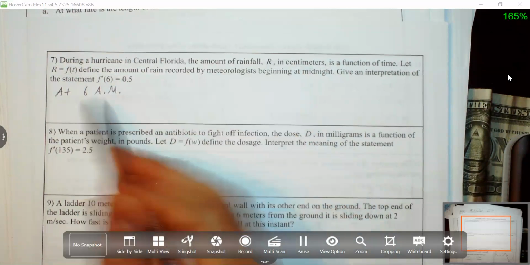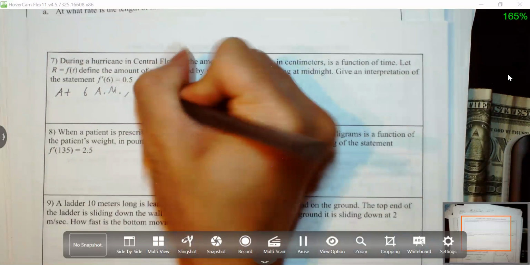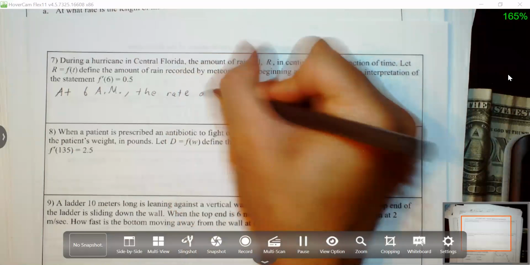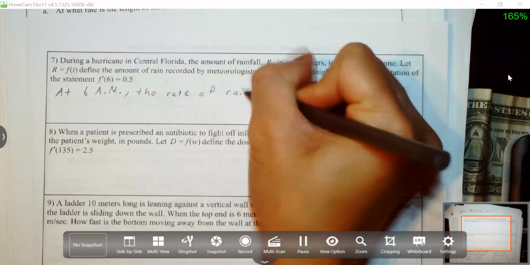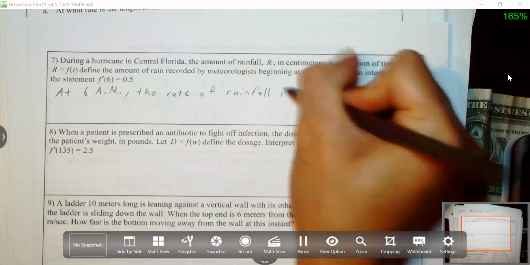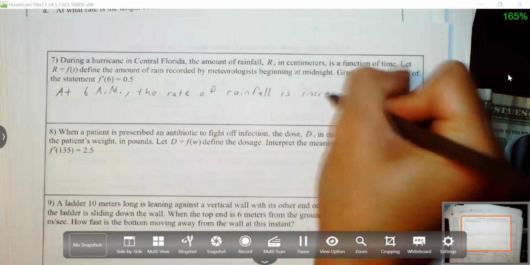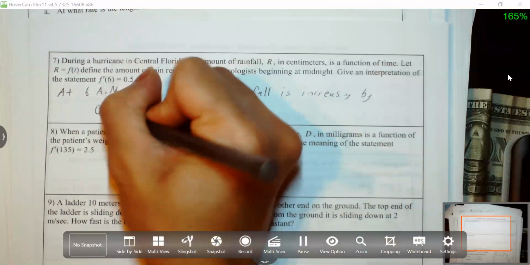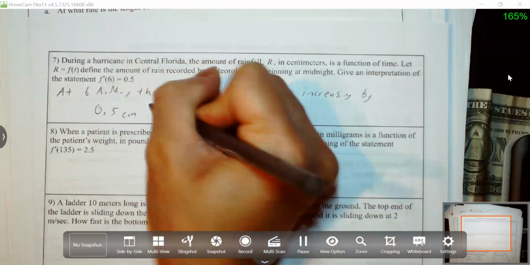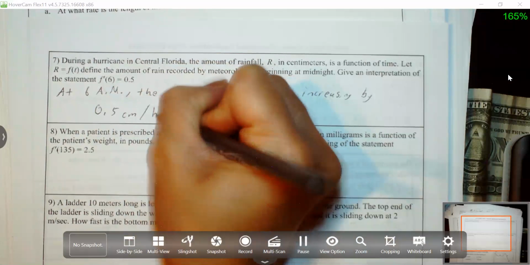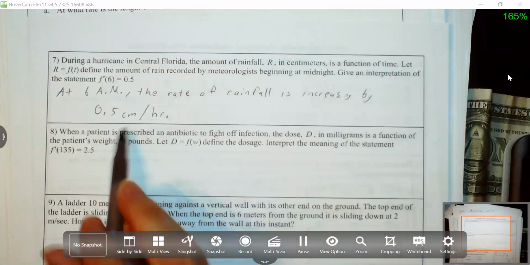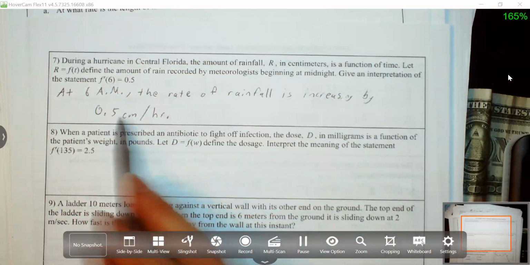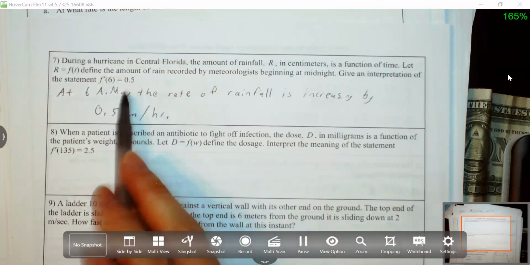Okay, so we could just simply say at 6 a.m. the rate of rainfall is increasing by 0.5 centimeters per hour. Or you could write per hour, right? But it's always just whatever this is per the time.